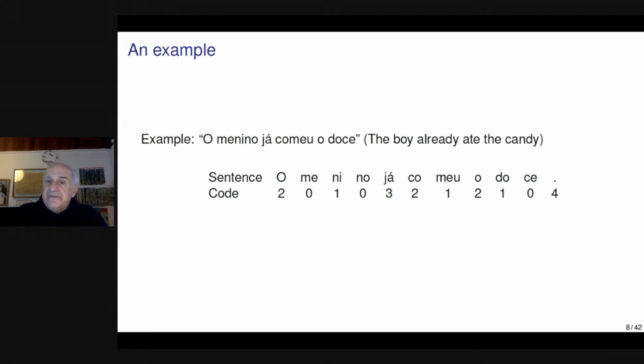"O" is the first syllable of the prosodic word, but it's not stressed. "Do" is not the first syllable, but it's stressed: 1. "Se" is not the first syllable, and it's not stressed: 0. And then I have a dot, the end of the sentence, and we encode it with 4.